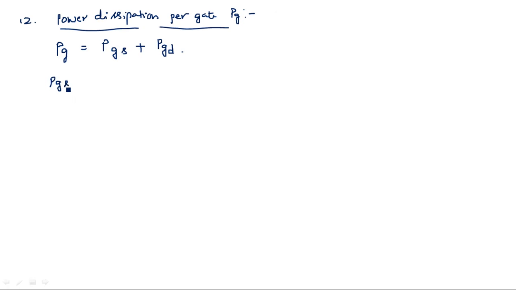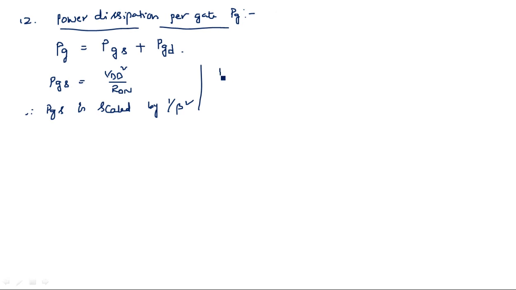So Pgs has an expression like VDD square by R on. As R on is unity, Pgs is scaled by 1 by beta square.